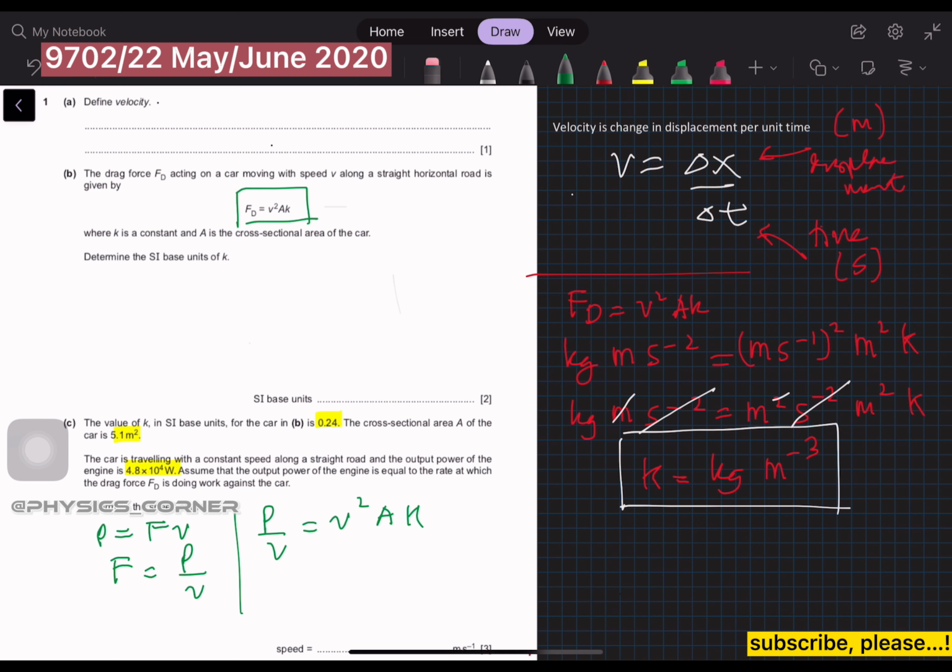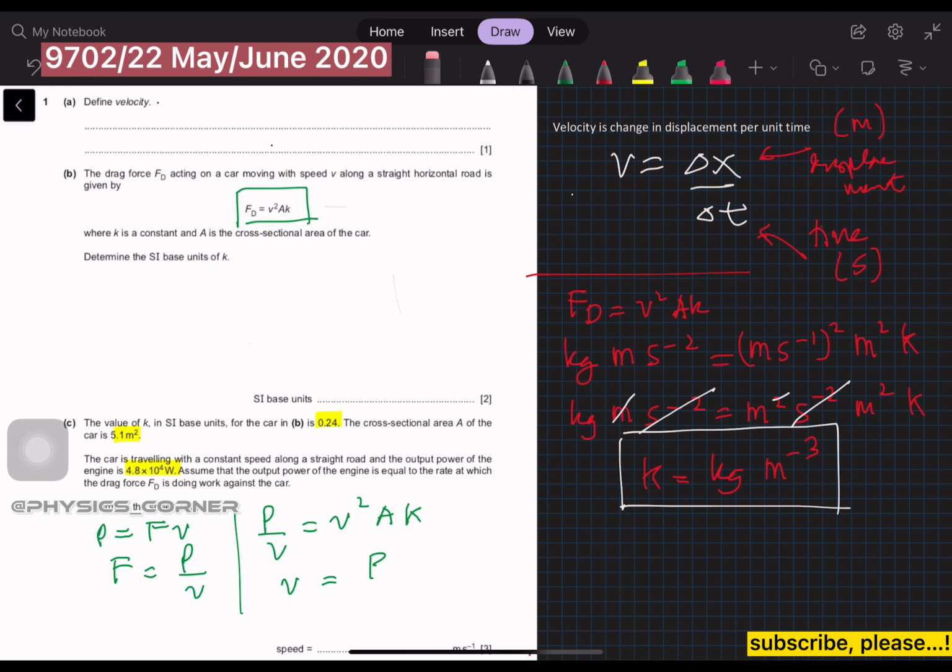So for k, we change v squared, equals P over v. This is v to the power 3.